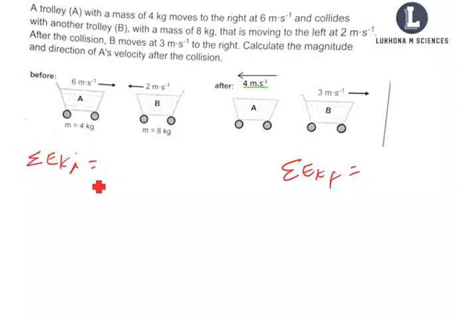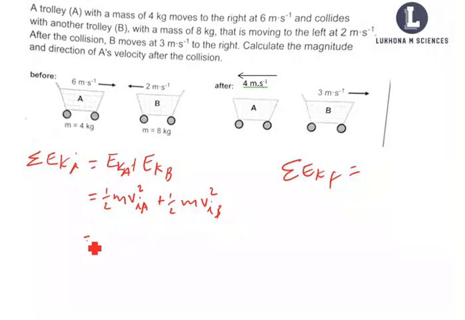So we have the kinetic energy of A initial plus the kinetic energy of B. Remember that the formula for kinetic energy is 1 over 2 mv squared. That is initial for A, plus the kinetic energy of B, 1 over 2 mv squared, that is initial for B.